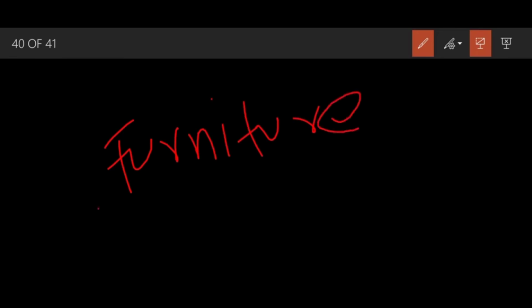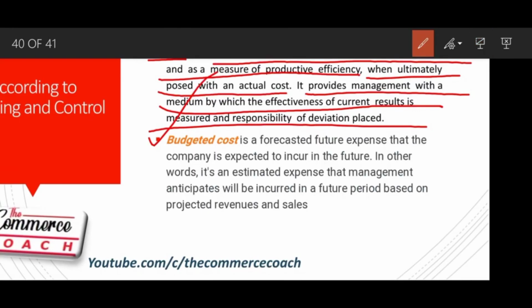For example, if you ask a furniture maker or decorator to decorate your home, they will tell you the total cost on an estimated basis. So it will be known as budgeted cost. Budgeted cost means the cost which we have estimated on certain accuracy or principles, or basically past experience.